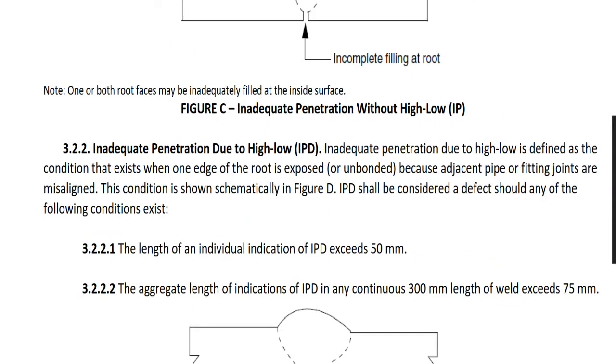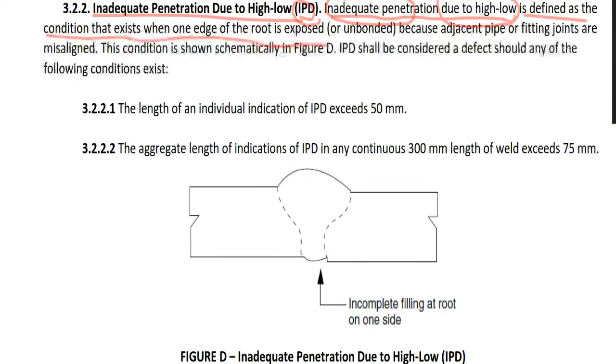And 3.2.2 inadequate penetration due to high-low, IPD. Inadequate penetration, IP, but due to high-low, is defined as the condition that exists when one edge of the root is exposed, something like here. One edge of the root is exposed or unbonded because adjacent pipe or fitting joints are misaligned.